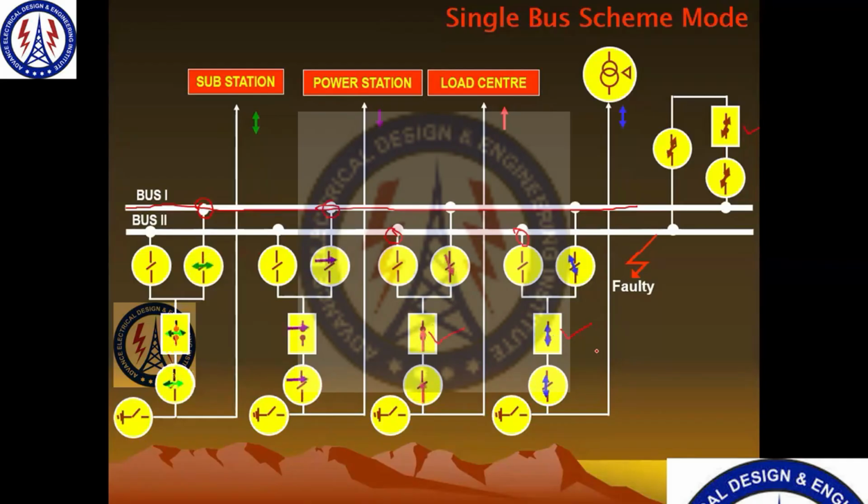Got it? Now a fault occurs on this line, or if you are taking the maintenance of this circuit breaker or any part near this circuit breaker, this feeder is also interrupted and power will be interrupted. Now what will happen?